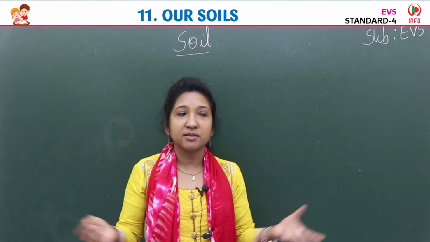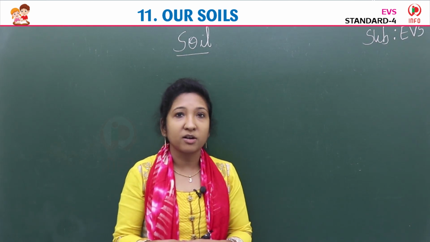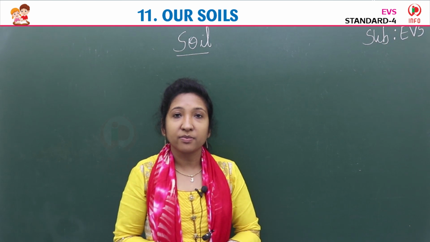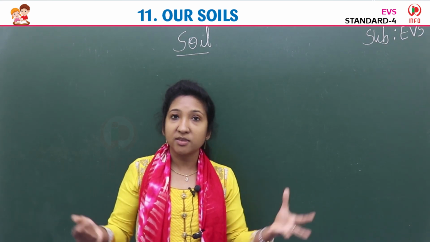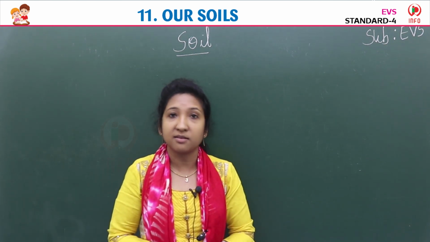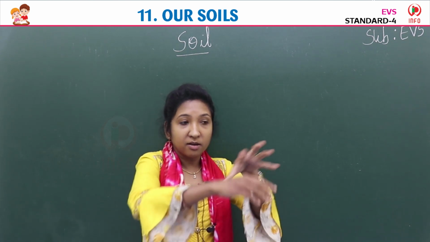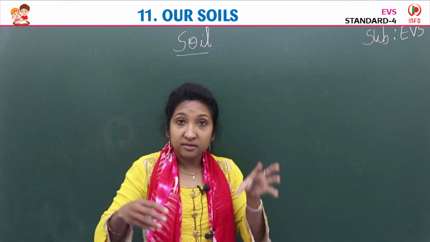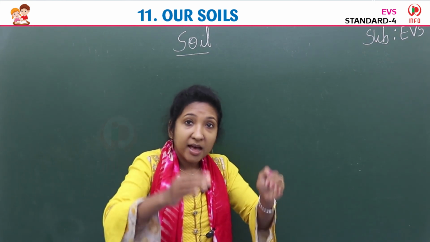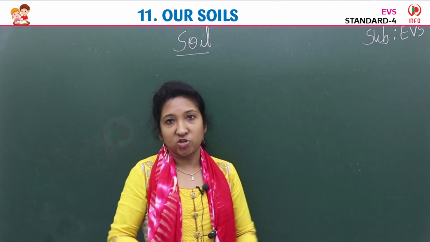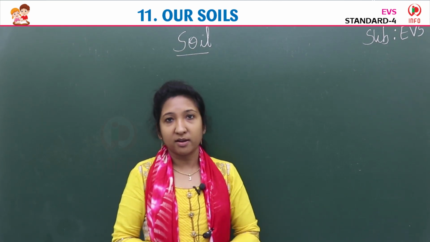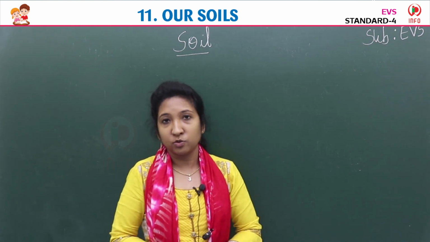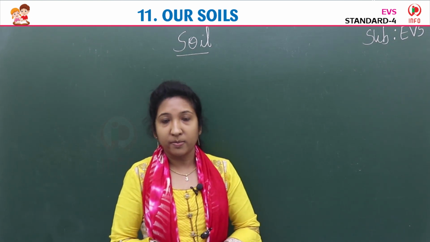You can see farmers planting seeds, or like you have seen paddy fields where rice is grown, here and there in villages mainly, isn't it? Those soils' quality is good, that's why the farmers are doing cultivation in that soil. If soil is not good, farmers won't be able to do cultivation on that soil.